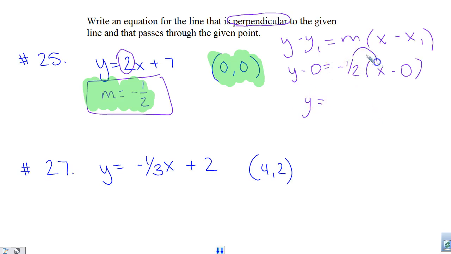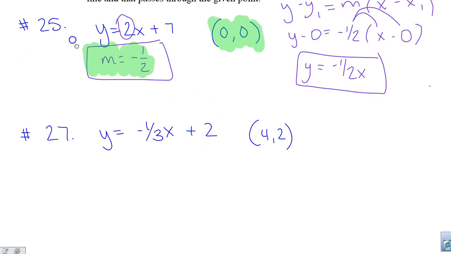If I were to distribute my negative a half to my parentheses, I would get negative 1/2 x. And then a half times 0 is just 0. So if you wanted to write plus 0, you could. But typically, like on the PSAT, SAT, you're just going to see that equation written like this: y equals negative a half x. So what I'd like you to do right now is go ahead and pause the video. I want you to complete number 27 on your own and then press play to hear me go over the response.